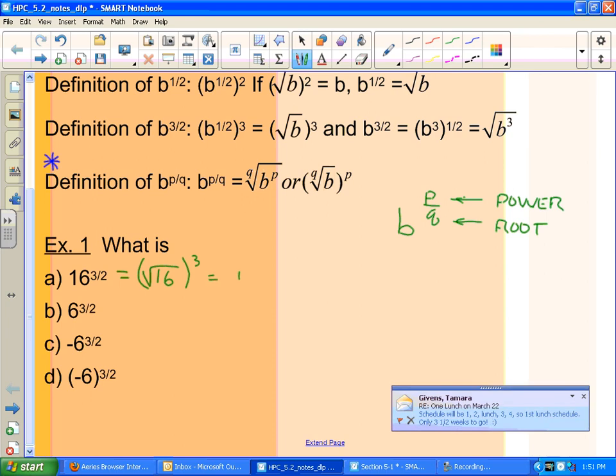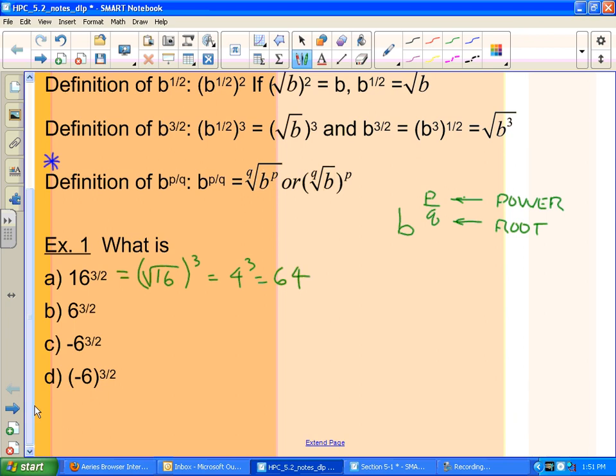So that means we get 4 cubed, or just 64. Versus 16 to the third, well, I'm trying to do that in my head, that's a little bit of work, right? And then take the square root of that big number, man, that's a lot of breaking things down. And I don't want to have to do that if I can just take care of the radical part first.